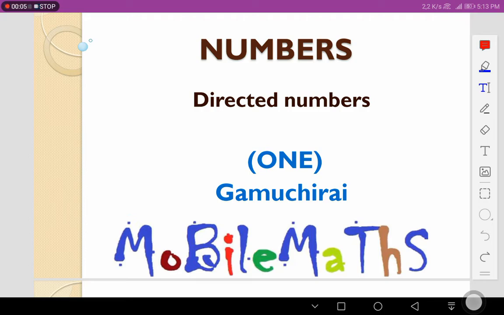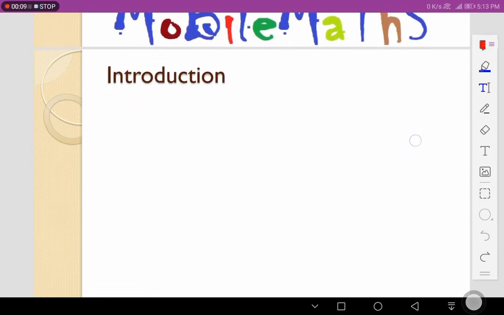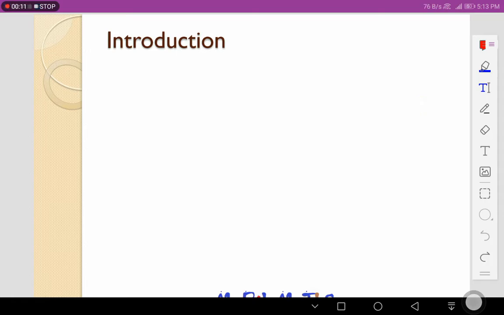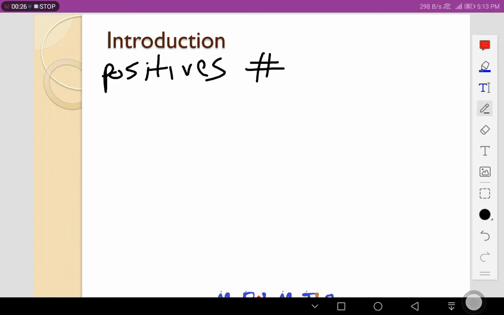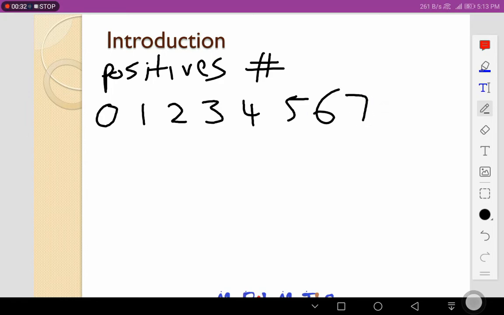Today I want us to look at numbers. From grade 1 to grade 7, you were learning to add and subtract numbers, and these were positive numbers: 0, 1, 2, 3, 4, 5, 6, 7, and so on.